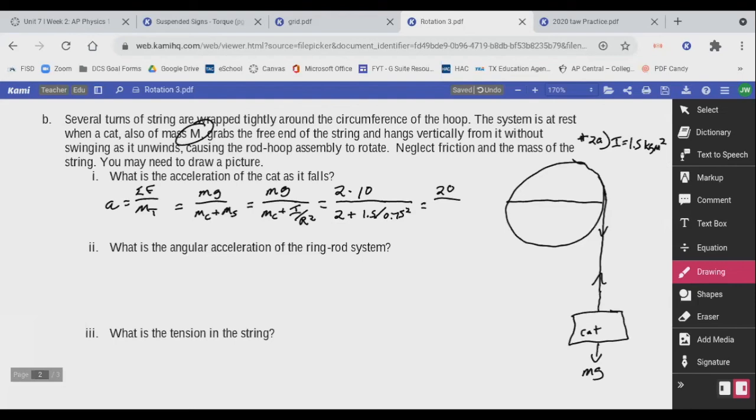I get 4.67 on the bottom. 20 divided by 4.67, I get 4.28 as my acceleration of the cat as it falls. 4.28, and that'd be meters per second squared, because that's linear acceleration, meters per second squared.